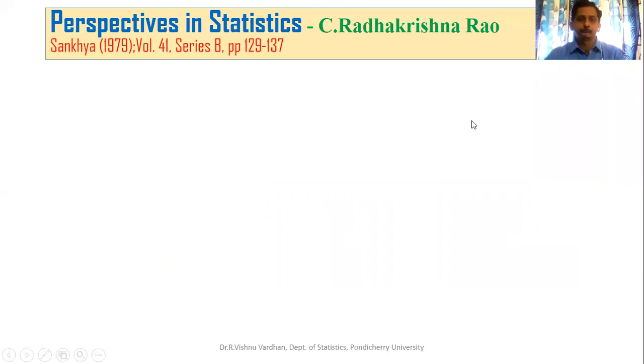Now I recollect and admire Professor C.R. Rao, who is celebrating his 100th year. This September 10th, he will be completing 100 years. We should owe to him for bringing many statistical methods into the scientific fields of science, technology and engineering. In 1979, he had a lot of vision about the perspectives in statistics.